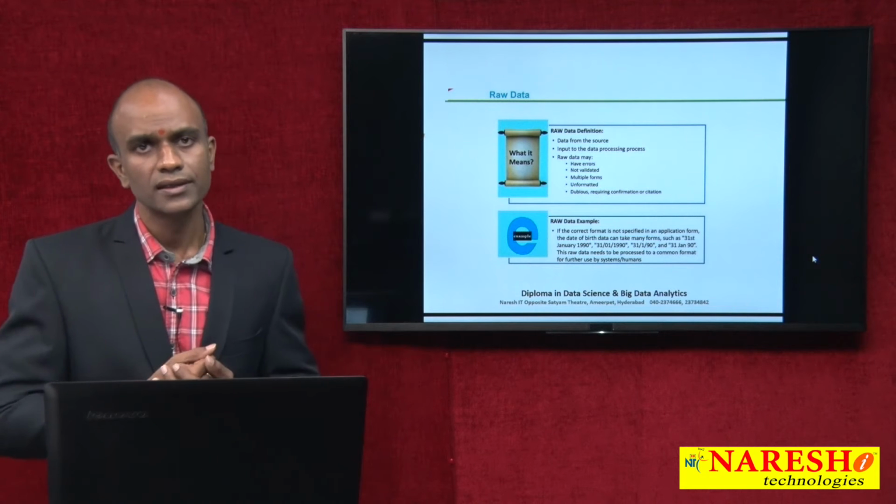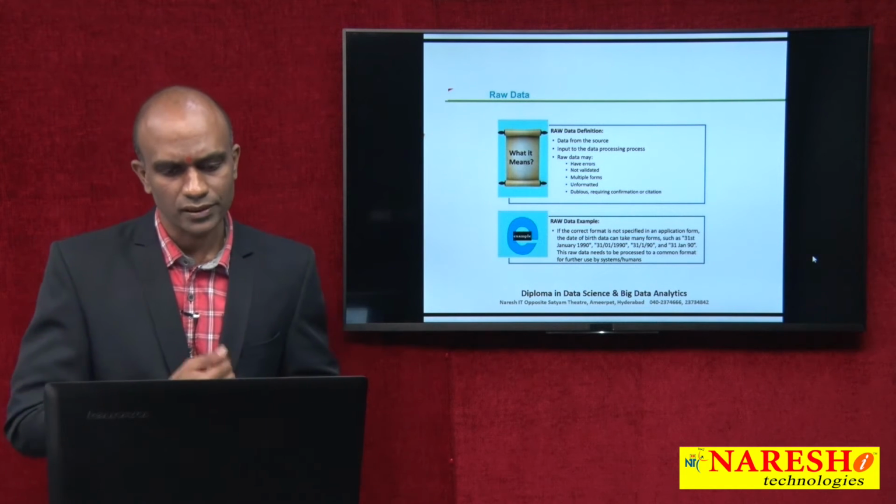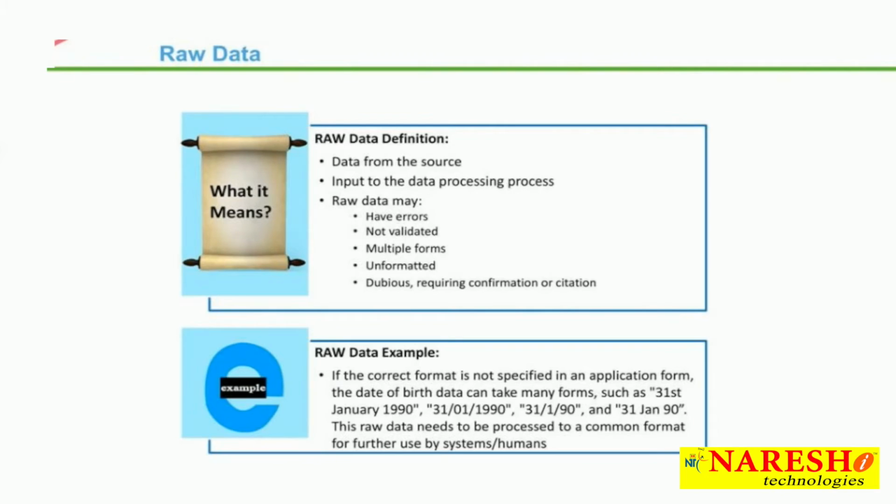Okay, so here is another example of raw data. The correct format is not specified in an application. Imagine a survey has taken place, and a few people went out and collected some data, and one of the fields happens to be a date of birth. Some of them are entering 31st January 1990, and some are entering it in the form 31/1/1990, and so on.